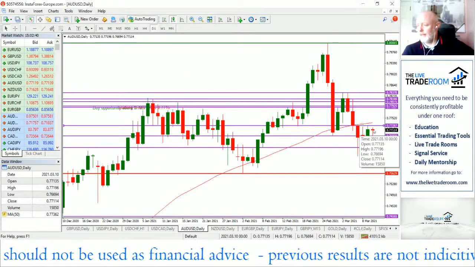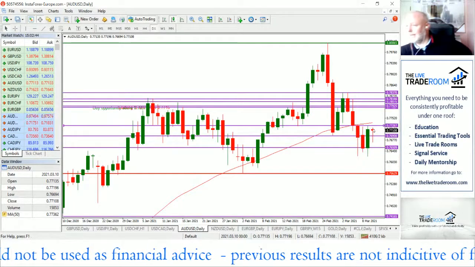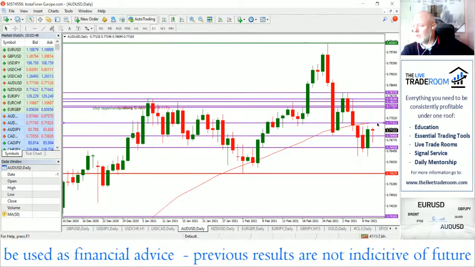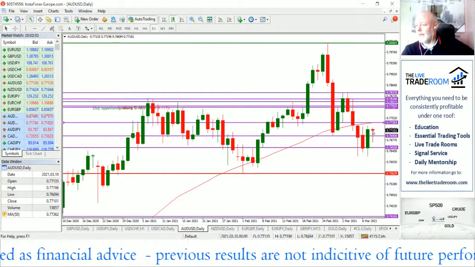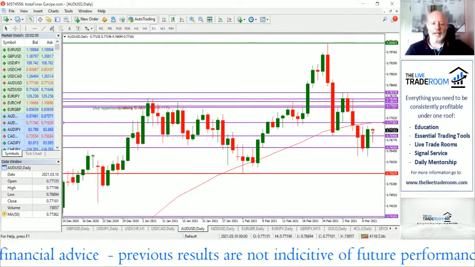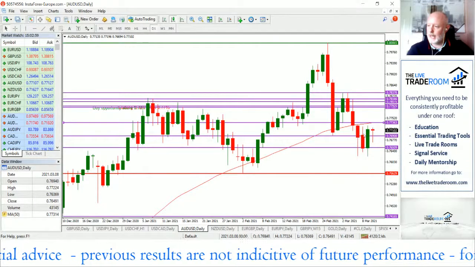So we can see that the 50 period moving average is at 77.36. So we'll just move that level up there, and it's actually above as well these 4 daily highs. So that's something to take note of.